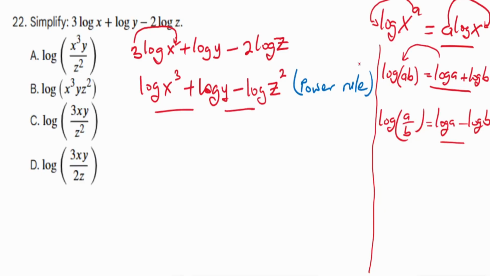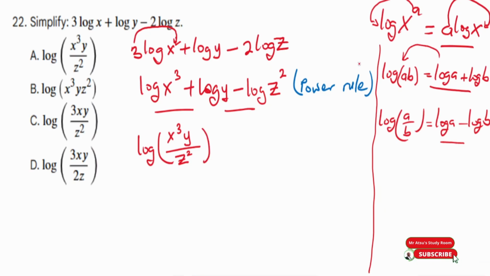So putting these two together, this question now becomes log x cubed y for the product, and then over z squared for the quotient. Let me do equal to. And then already we can see that that is option A.